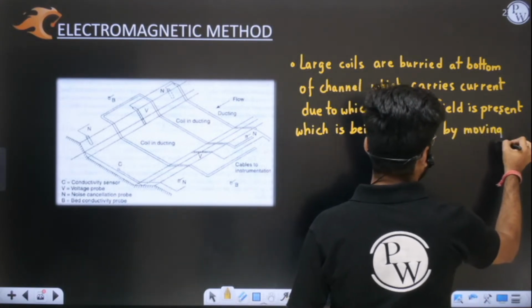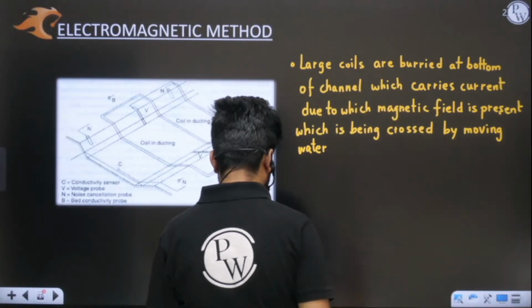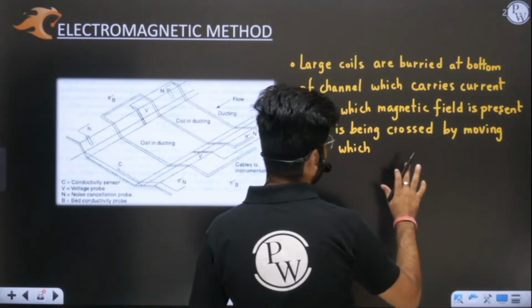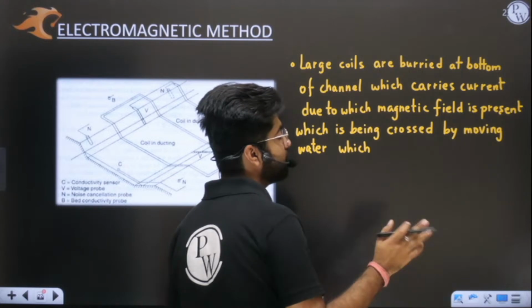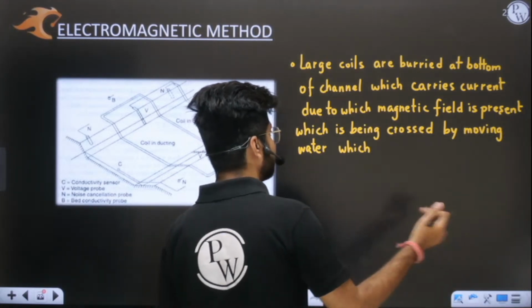Now since it is being crossed by moving water, this causes induction of EMF, or you can say induced EMF is produced, because of which a small current will be generated because of this crossing water.